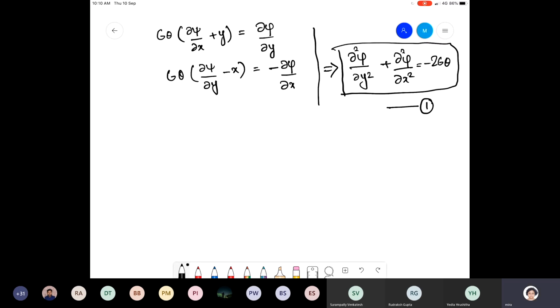So if I eliminate the warping function psi from these two equations, I get an equation on phi of this form. That is the first equation.